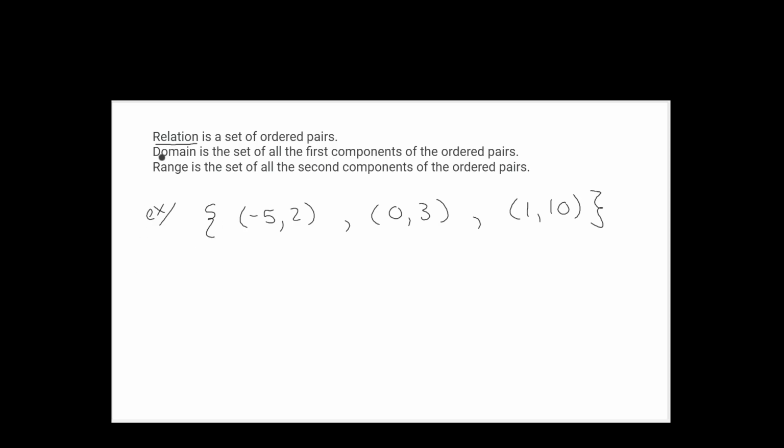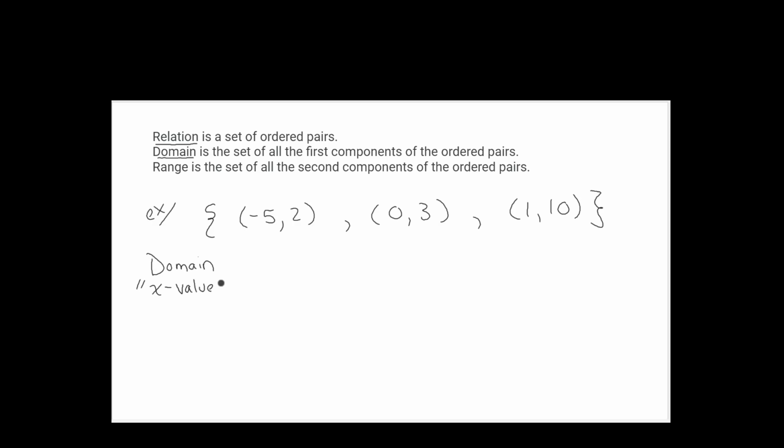Now, the next definition that we're going to explore, we'll explore more relations, hold on. The next one that we're going to talk about is domain. Domain is the set of all the first components of the ordered pairs. So, when we're looking at domain, essentially what we are going to be looking at is the first components, which is a fancy way to look at all the x coordinates.